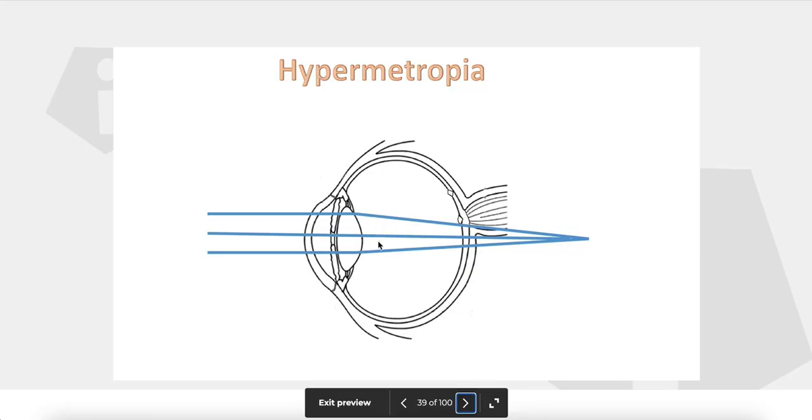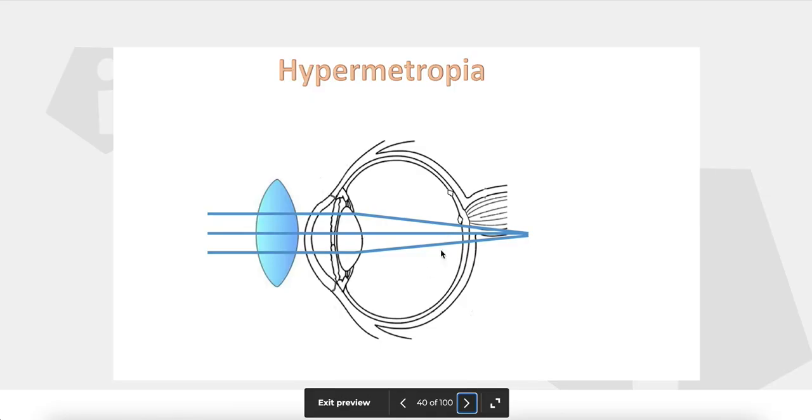So hypermetropes have a weak refractive system and the focus tends to be behind the eye. What happens when we use a plus lens is that the focus moves forward, as it converges the light rays, moving the focus from behind toward the eye.